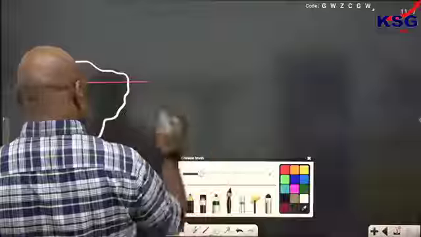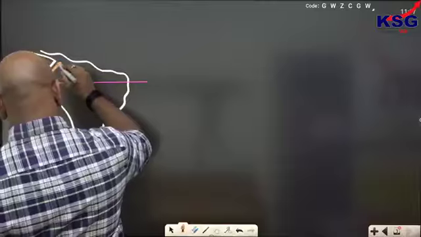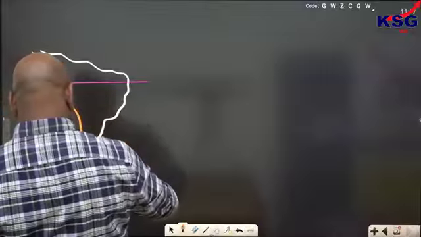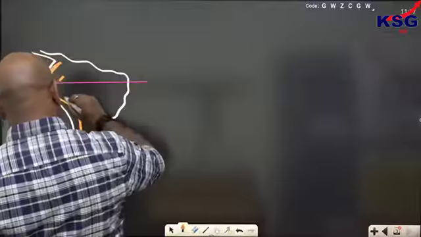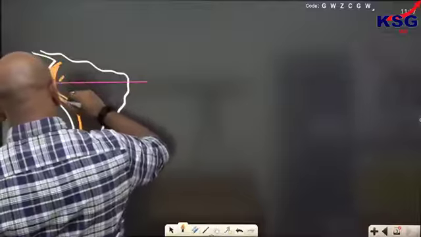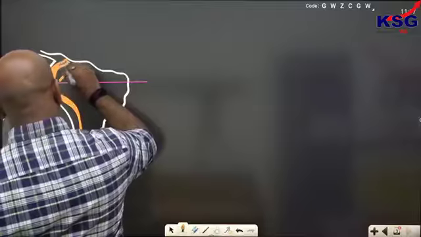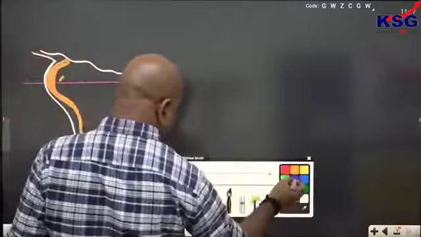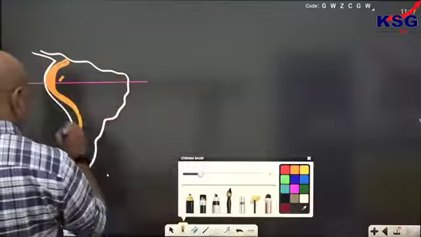You know that here is a mountain. Which mountain is this? This is the Andes mountain, you know it. We have a desert on this side.